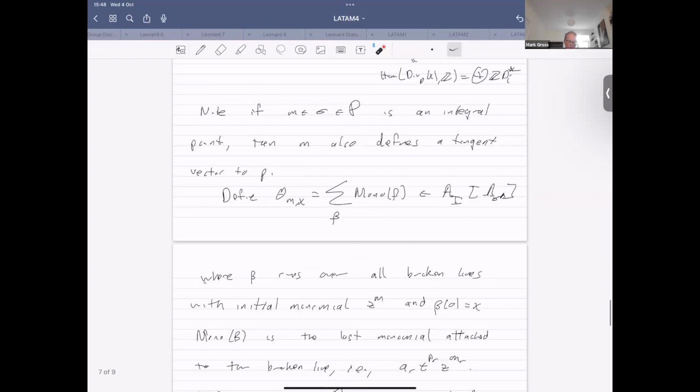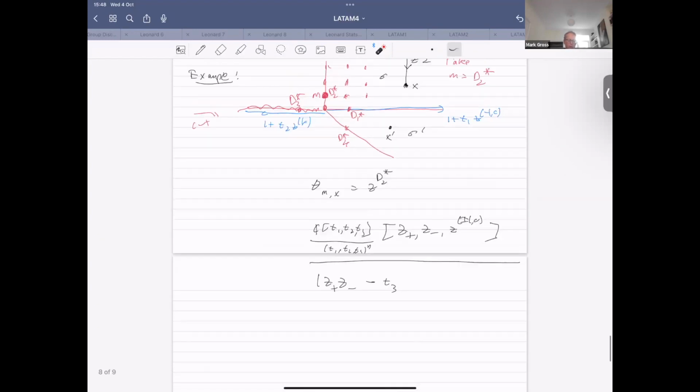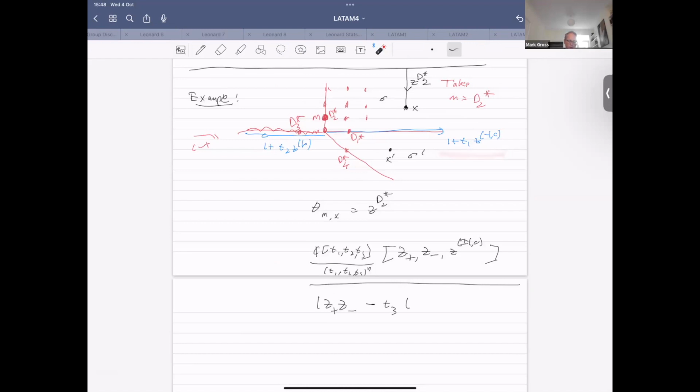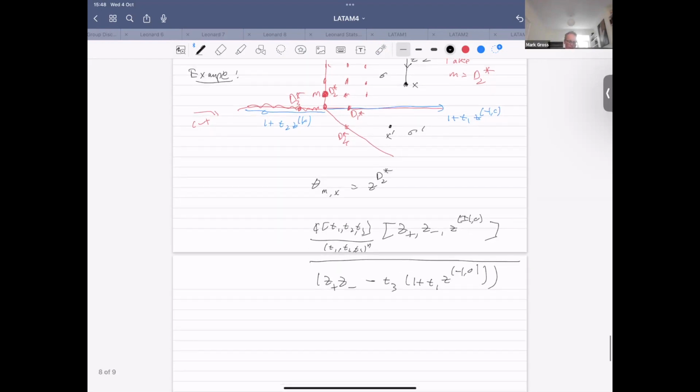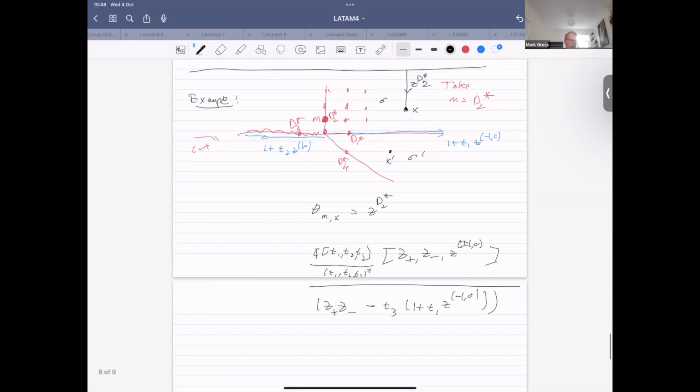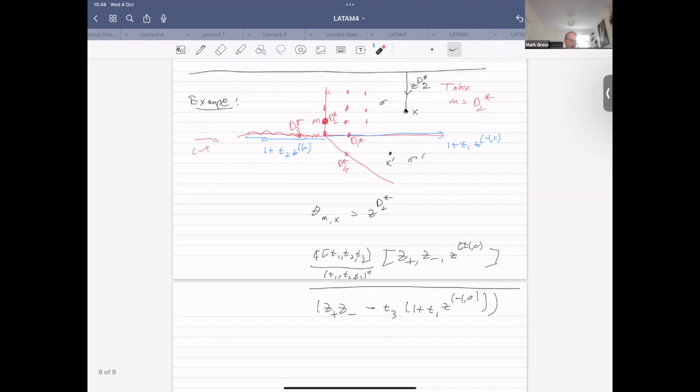So t3 times this function here, that's 1 plus t1 z to the minus 1, 0. Okay, so that's our ring. Now, remember also in defining this ring, I had to choose a tangent vector, which I call c.